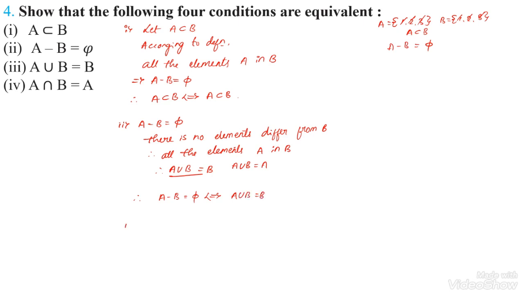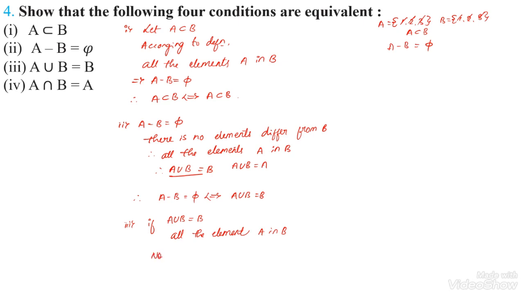Statement 3. Again, statement 3 is equivalent to 4 only. If A union B is equal to B, it means all the elements of A are in B only. Both elements are the same or common.